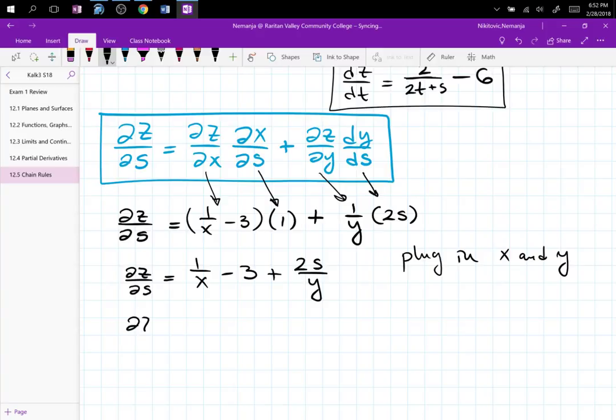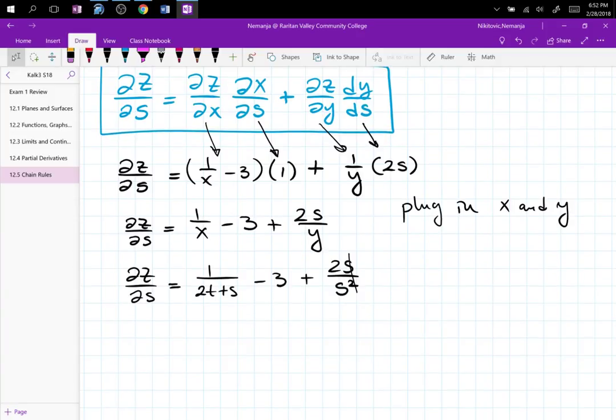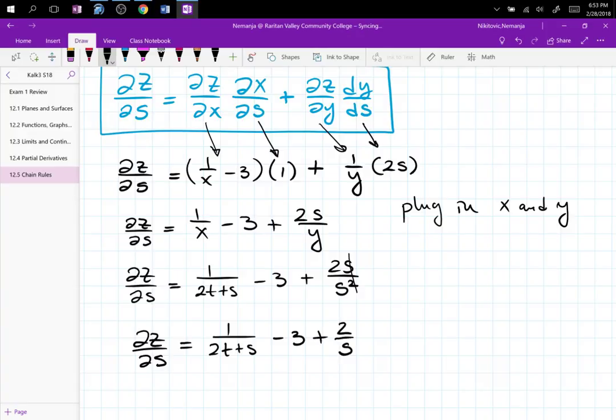So partial z, partial s is equal to 1 over 2t plus s minus 3 plus 2s over, and y was s squared. Now those cancel, s and a square. And the final answer over here is 1 over 2t plus s minus 3 plus 2 over s.